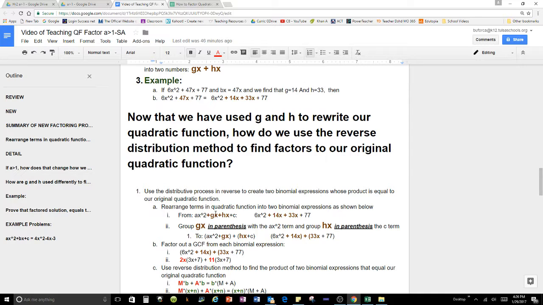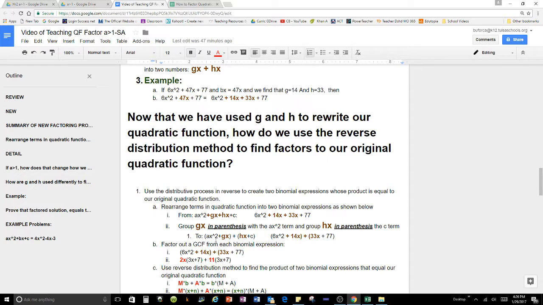You can see we show you that rule right here. If you start with this equation, ax squared plus gx plus hx plus c, we group the gx term with the ax squared term, and we group the hx term with the c term. That's what we did here.